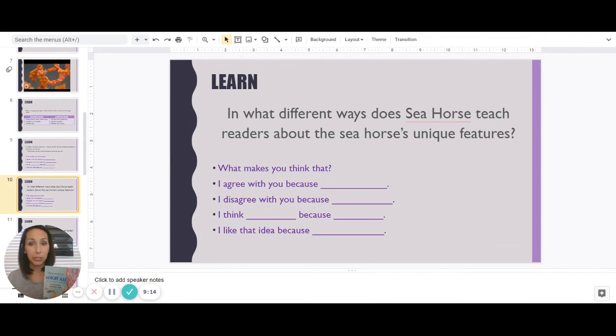Have the illustrations helped you learn something more about the seahorses? Has one of the captions with a picture, the text with the picture, helped you to understand more about the seahorse? So it's connecting what we know about seahorses, but really also specific parts of the text that have helped to teach us that information.